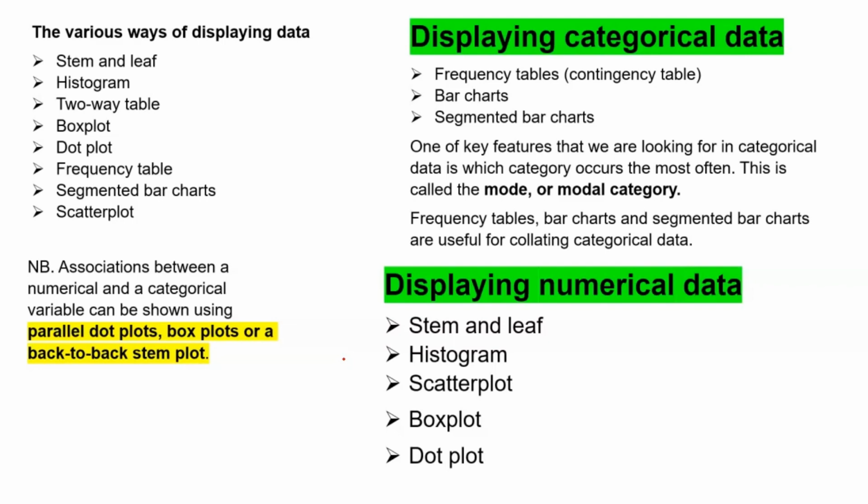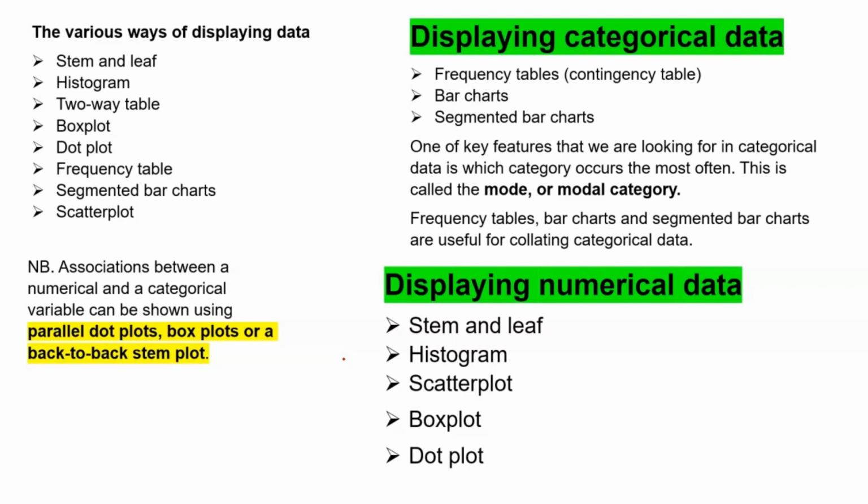One is the stem and leaf, histogram, two-way table or frequency table, box plot, dot plot, frequency table and the contingency table, which are quite similar, segmented bar chart, scatter plot. Those are the types of displays we could use when we are displaying data.